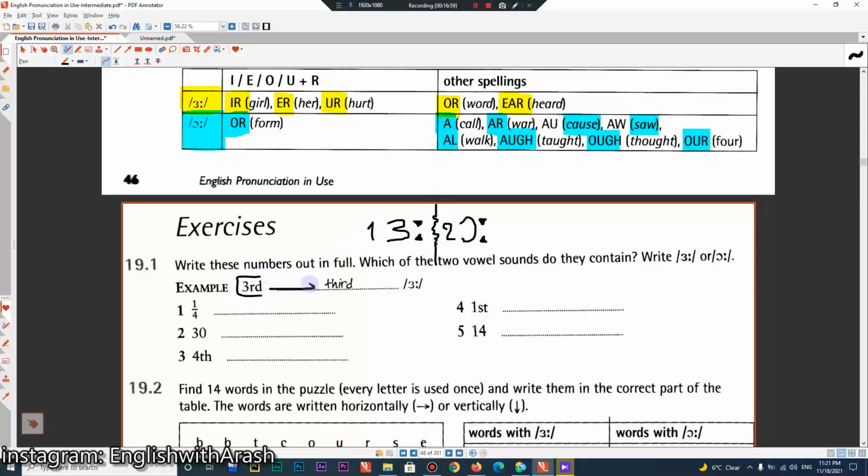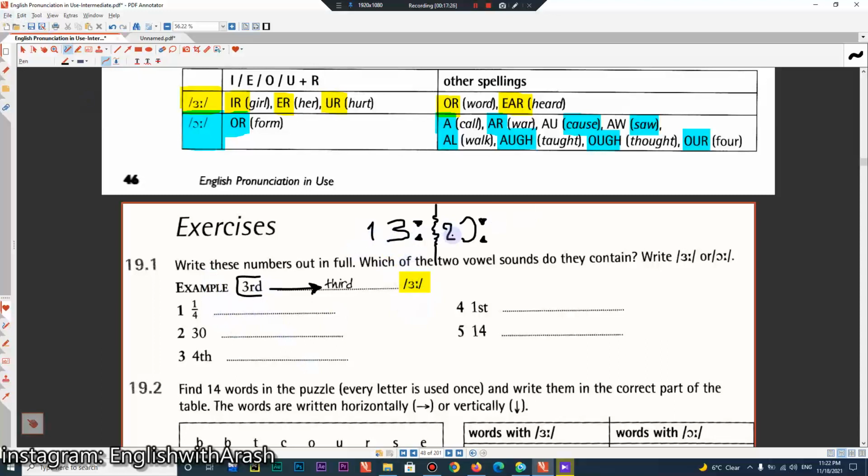This is written third and the pronunciation is third. So I have to write a third, right? What about number 1?